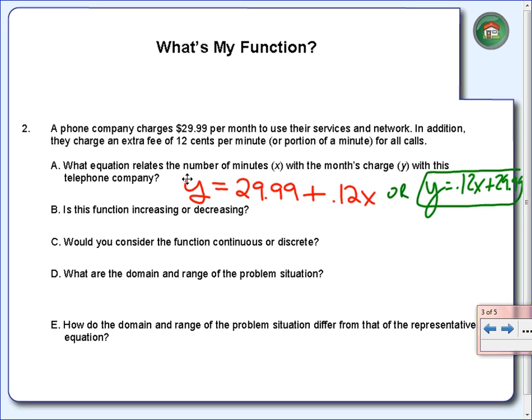The only difference is this one that's in green is written in the slope-intercept form. That's the only difference. All right, so now that we have the equation, let's go ahead and answer the 4 questions. Is this increasing or is it decreasing? What do you think? What's that? Increasing. Why would you say increasing? Why would it be increasing?